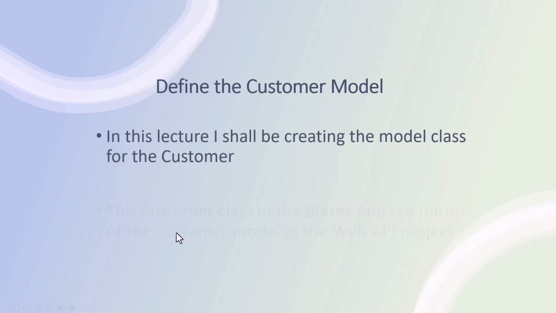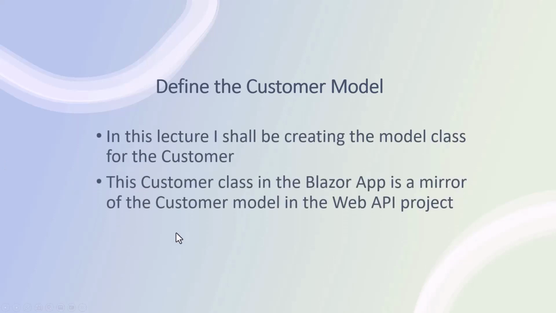Hello and welcome all. In this lecture, I will be defining the customer model. Now, I will be creating the model class for the customer, and this customer class in the Blazor app is a mirror of the customer model in the Web API project. So let's flip over to the Visual Studio.